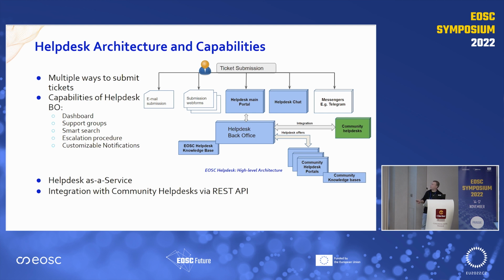The helpdesk back office contains dashboards, support groups, smart search engine, escalation procedure, customizable notifications, etc. And the helpdesk also provides itself as a service for communities to integrate. It also provides the possibility for integration with community help desks via the REST API.